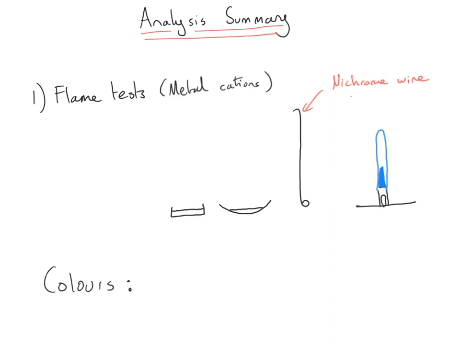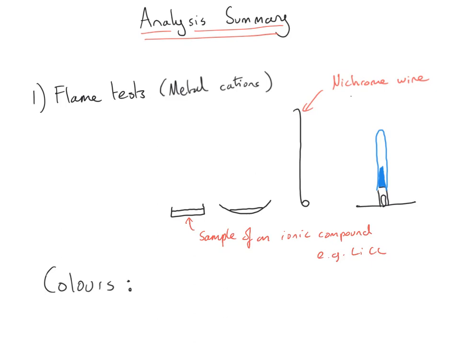So what you would have is a sample of an ionic compound, e.g. lithium chloride. So you'd put your nichrome wire and you would dip it in the chloride like so.